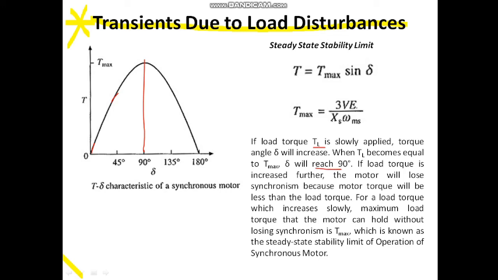If the load torque is increased further, if I increase TL to a higher value, the motor torque will be less than the load torque. So for a load torque which increases slowly, the maximum load torque that the motor can hold without losing synchronism is T max.